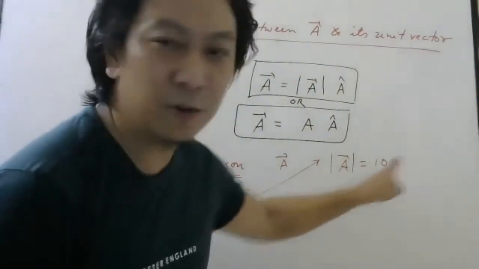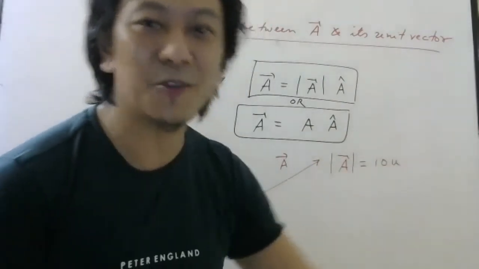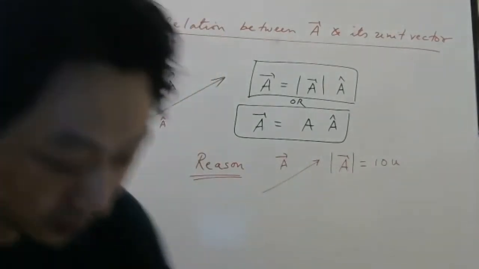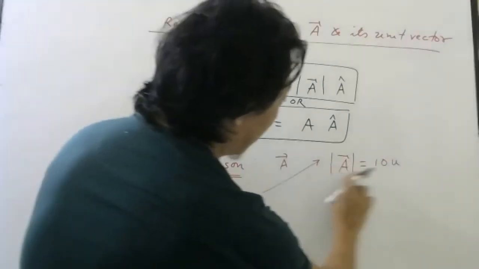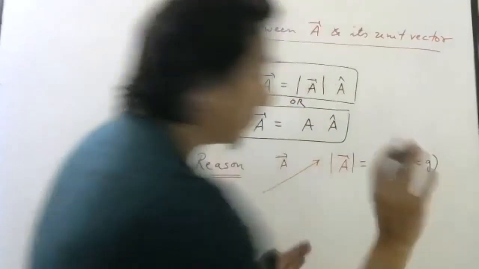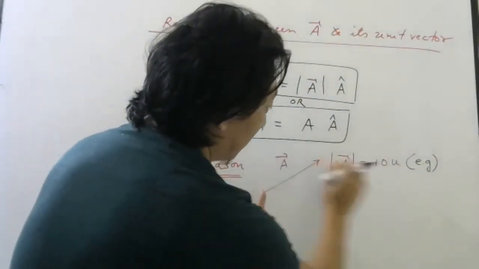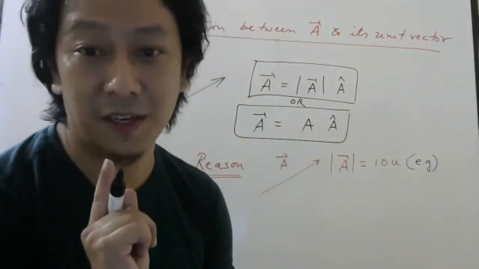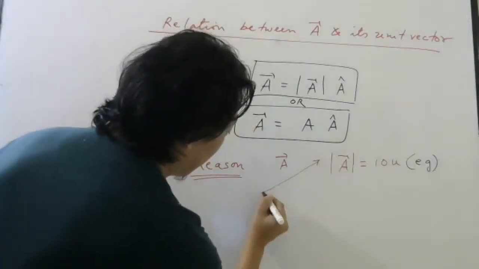It can be 10 Newton, 10 meter per second, 10 meter per second square, depending on the quantity. This vector has a magnitude, I am saying 10 units as an example. That means this length is 10 units, because the length of the vector gives you the magnitude of the vector. Correct? Okay. Now, let me divide this vector into 10 parts.